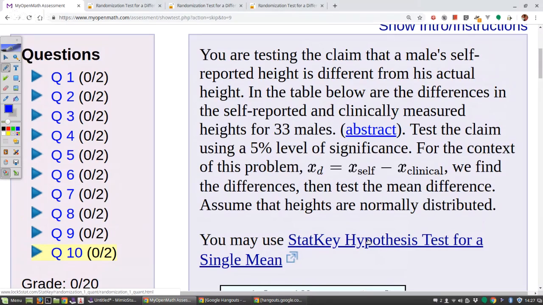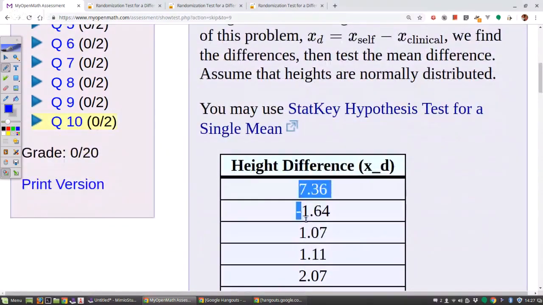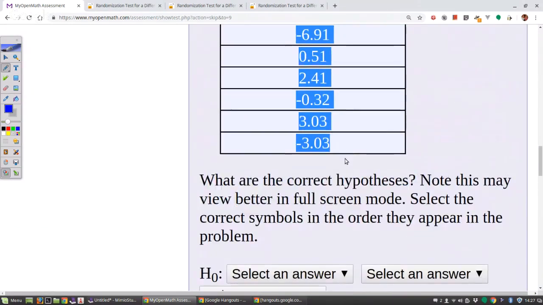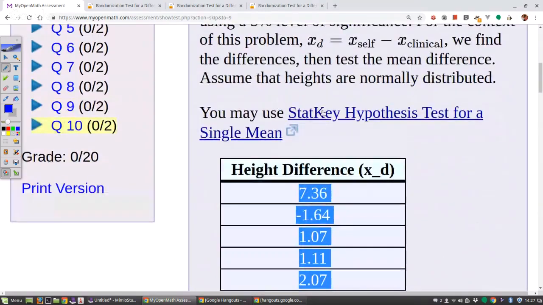And again, you would just have to copy and paste that data into StatKey. So I guess we should check that for fun. Sorry about that. All right, so copy, Control C, move over to StatKey.